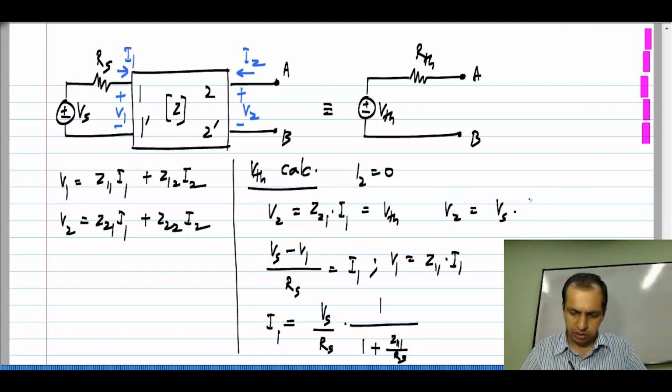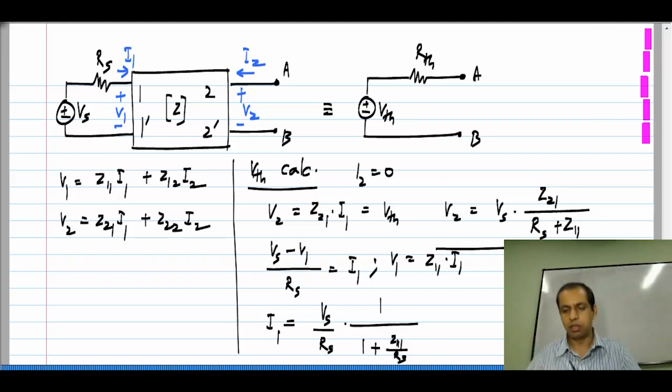So, it is Vs times Z21 divided by Rs plus Z11. In this particular case it happens to be Vs times Z21 by Rs plus Z11. Now, we also have to find the Thevenin resistance.